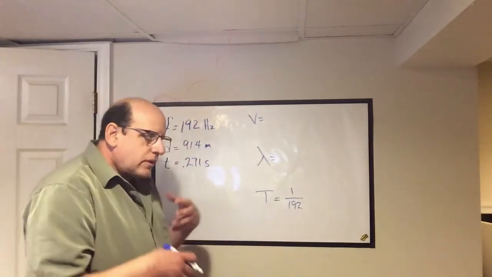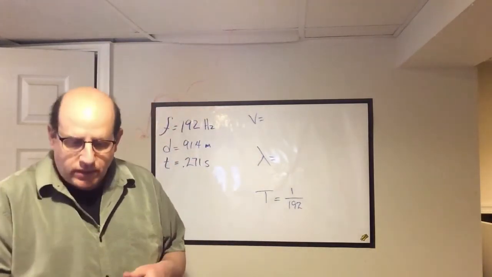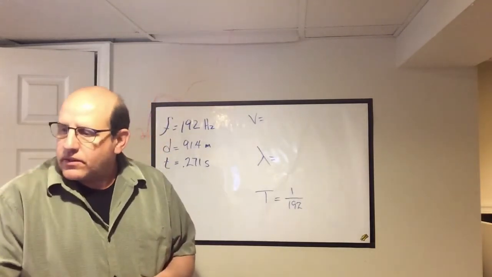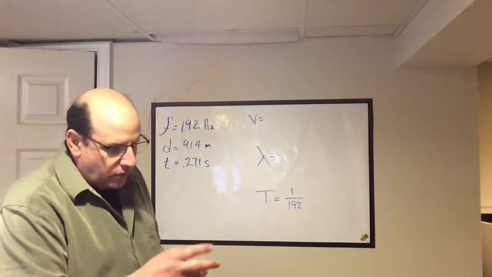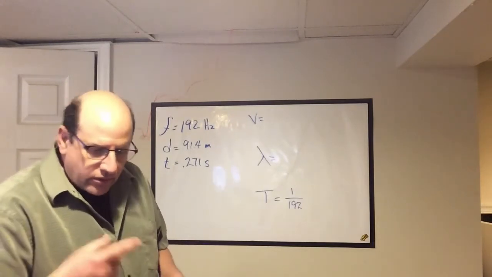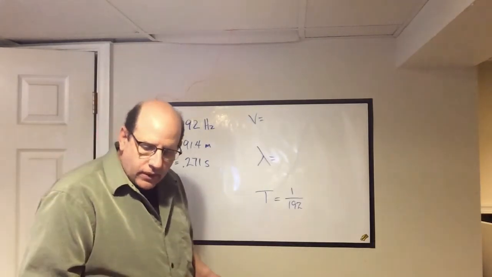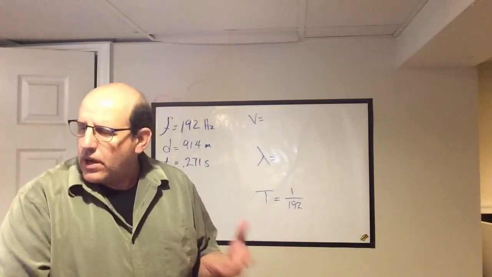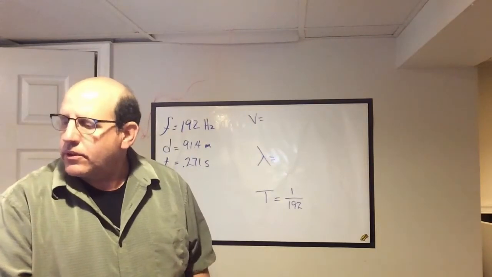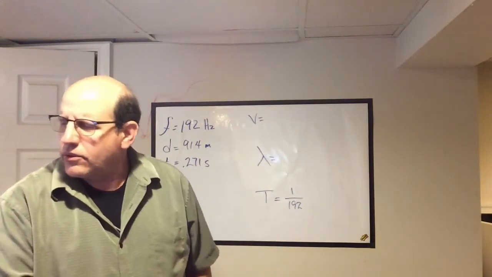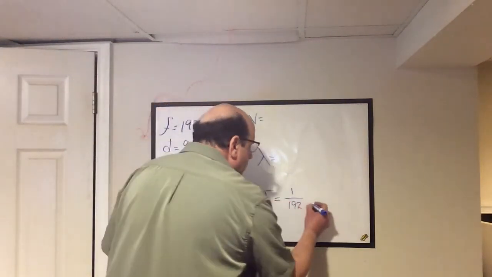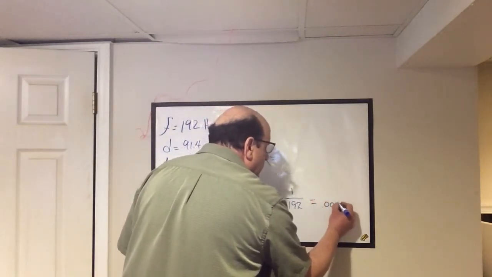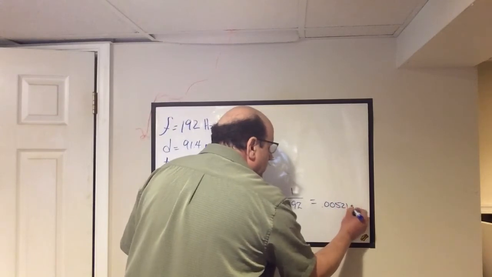And I know that time period is in seconds, right? It's going to tell us how many seconds it takes for one whole cycle of a wave. Now, when you put that into your calculator, the time period is 0.00521 seconds.